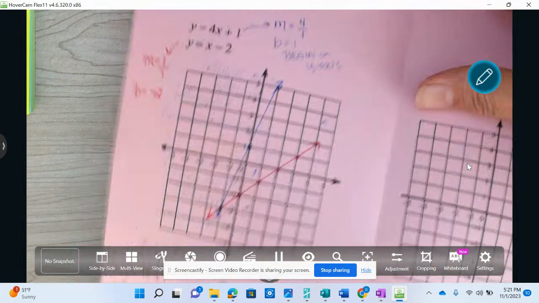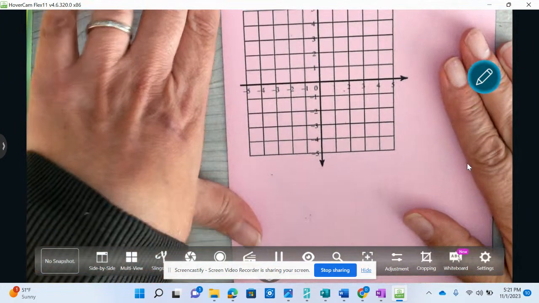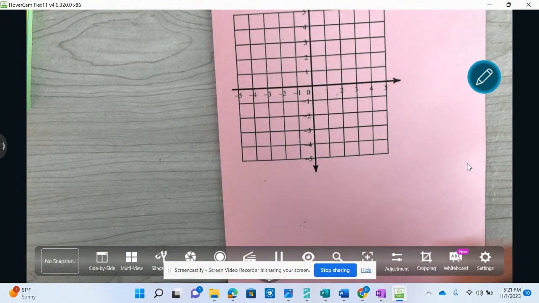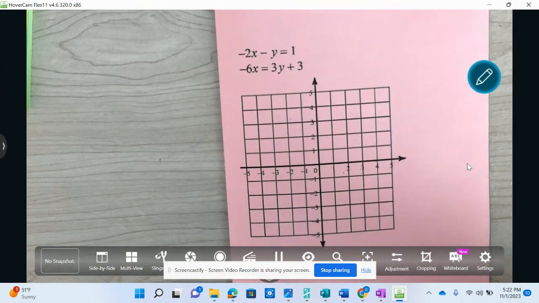All right, our next example, neither one of these are written in y equals mx plus b, slope-intercept form, or standard form. So I'm going to have to take both of these equations and manipulate them.